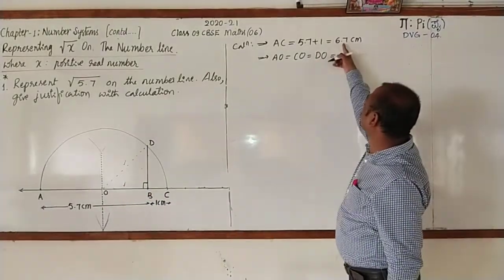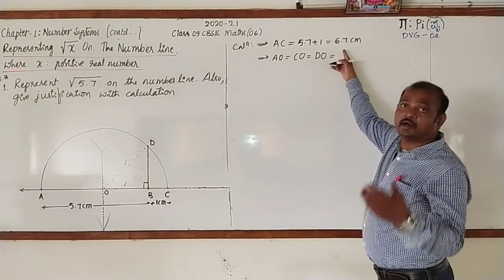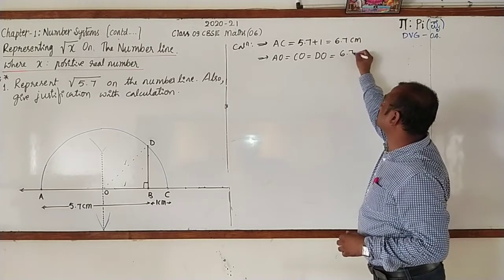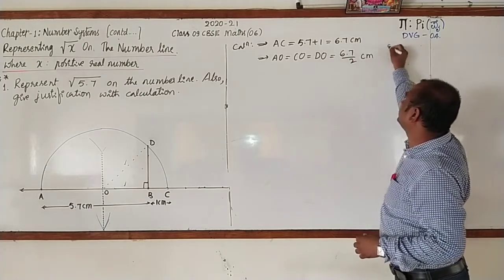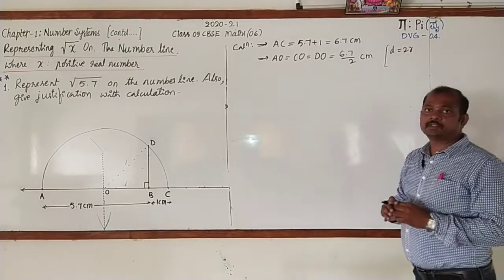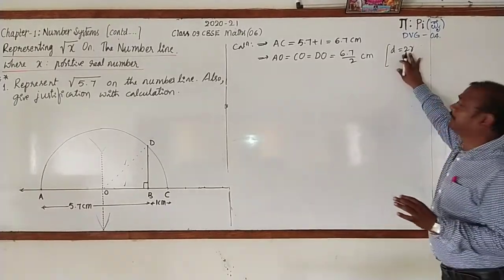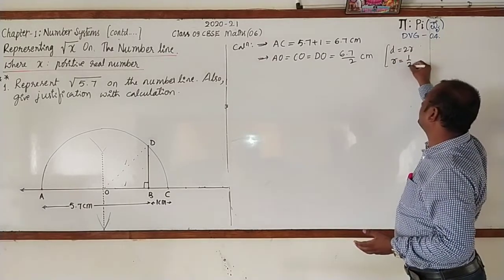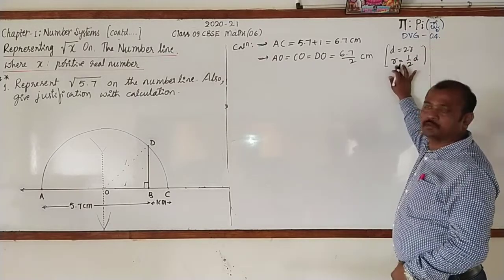Already diameter is known. It is 6.7. Radius is half of the diameter. So 6.7 by 2 centimeter. Here I write D equal to 2R. In a circle, the diameter is twice of radius. Our radius is half of diameter. We have taken this one.